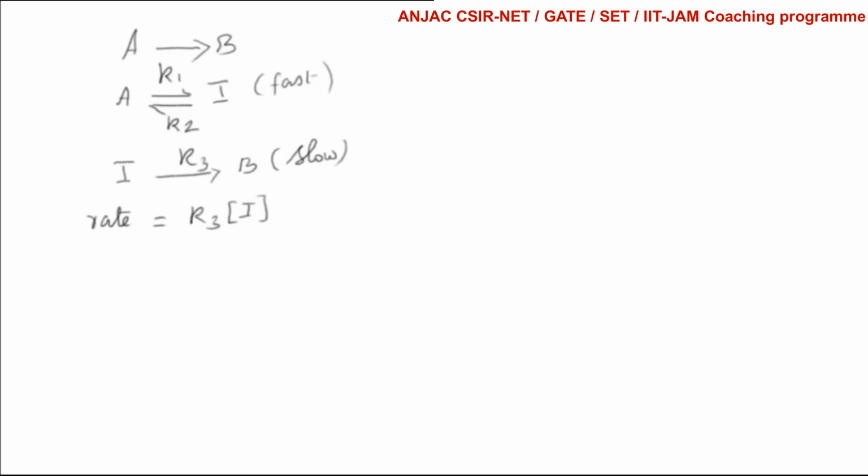And how do we obtain the concentration of the transient species? Through equilibrium. Apply the equilibrium condition and find out the concentration of I.